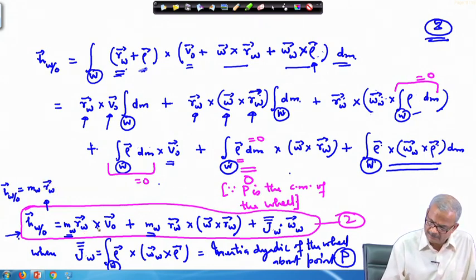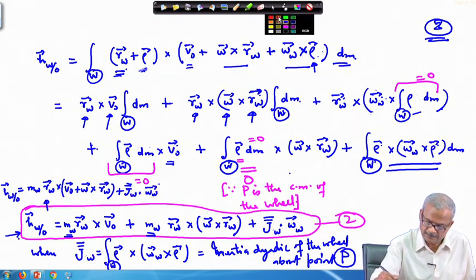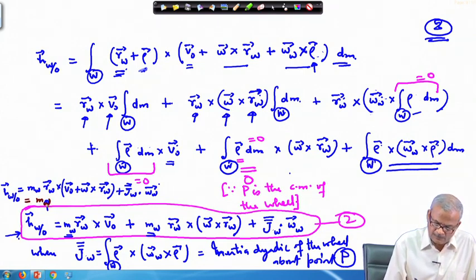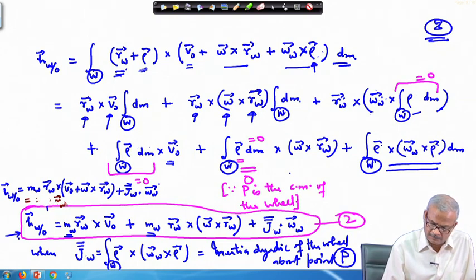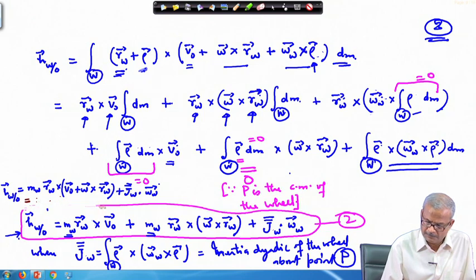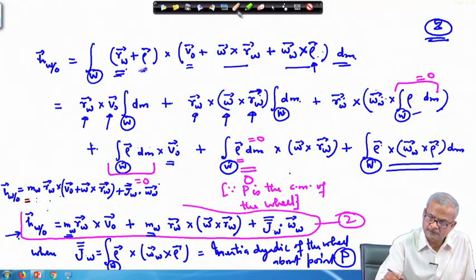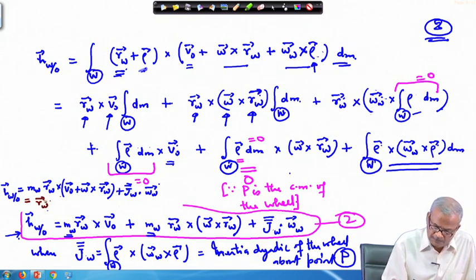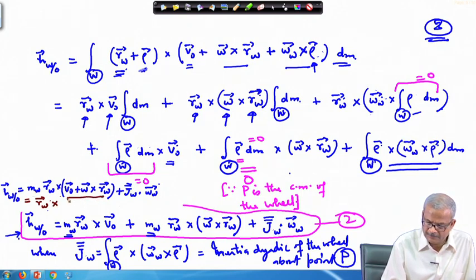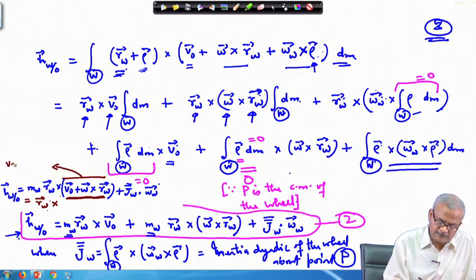So, r_W goes outside and cross V_0 plus omega cross r_W plus J double bar_W times omega_W, which we can rewrite as m_W r_W, we keep it here, cross m_W, this is the velocity of the center of mass of the wheel.